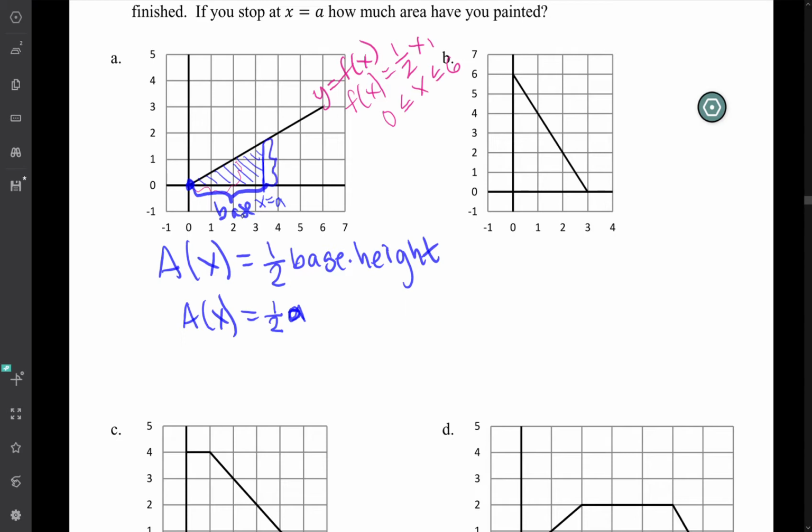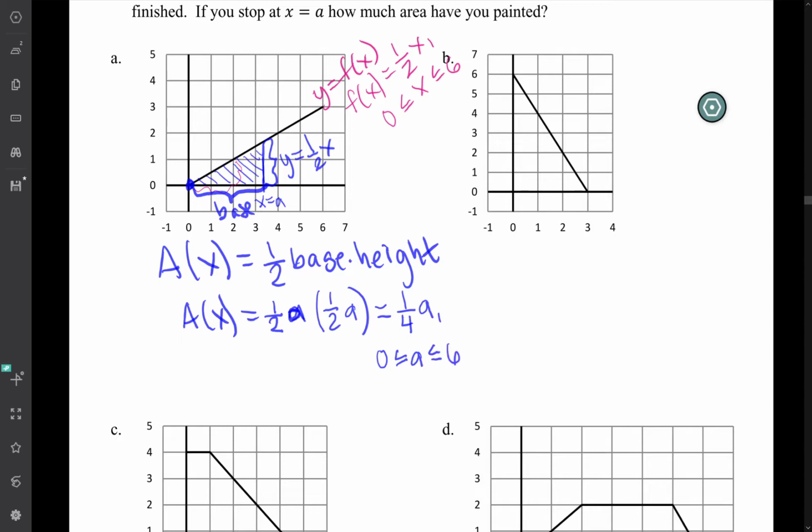Notice that the height is just your y value, and we've already said that y is always 1/2 of your x value, and in this case our x value is a, so our y value is going to be 1/2 of a, which means our area function is 1/4 a squared, and again we would need 0 less than or equal to a less than or equal to 6.